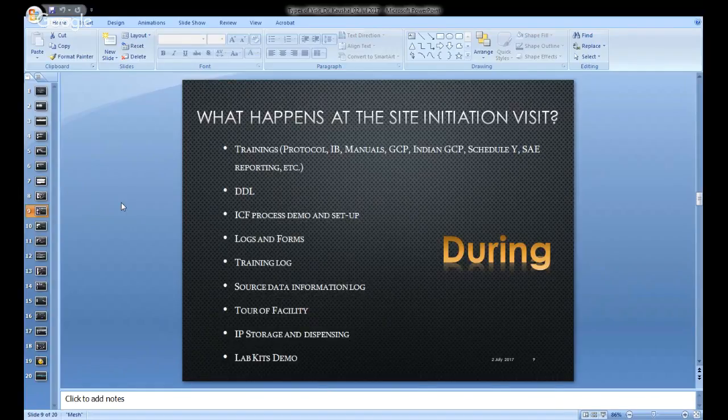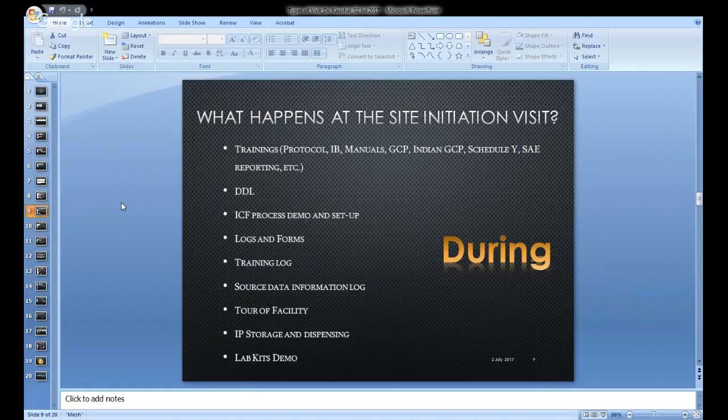Yes, these are the five parameters that convert your adverse event to a serious adverse event. If it is an adverse event, we would report it in the CRF and it can be monitored during the upcoming monitoring visit. But what if it is an SAE? We have a specific timeline, a specific format, and a specific requirement by which this has to be reported.